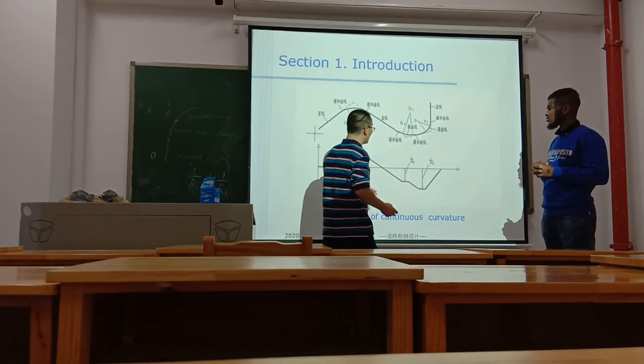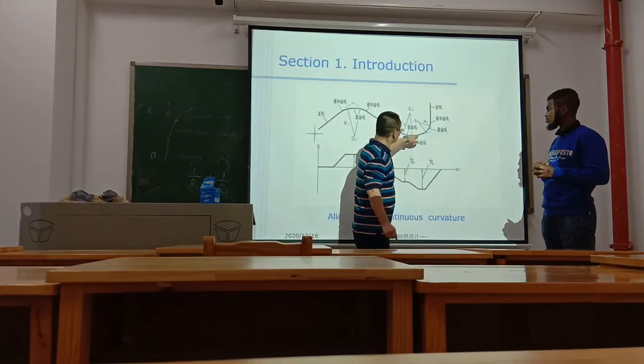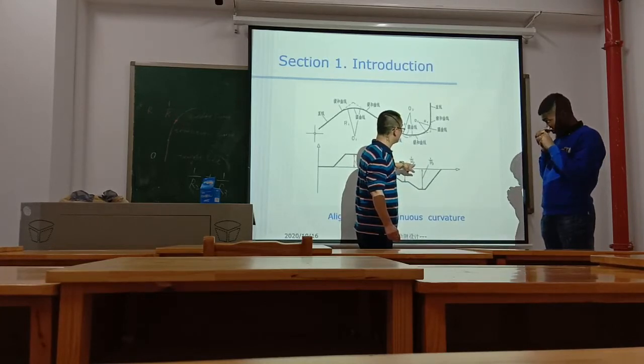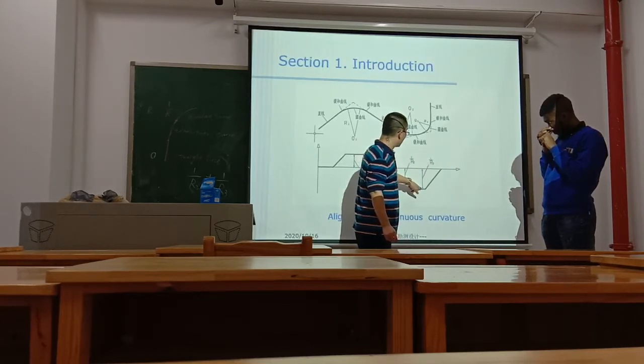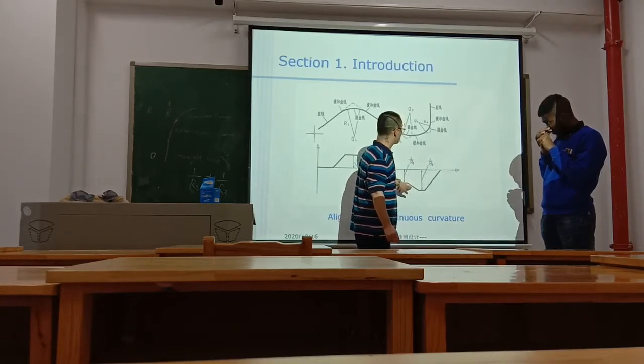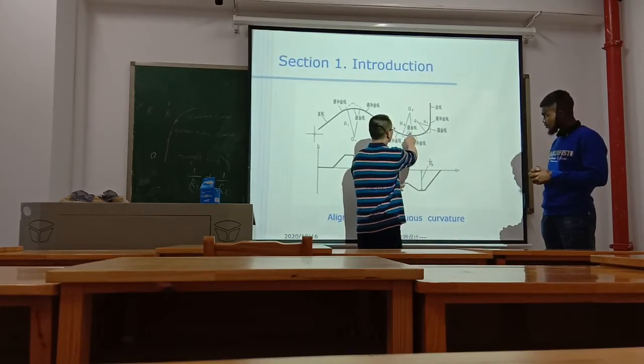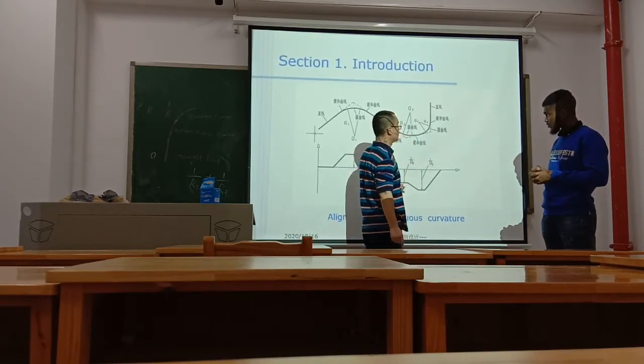The curvature of this transition curve changes from 1 divided by R2 to 1 divided by R3. This section is the transition curve. This is the R2 circular curve. This is the R3 circular curve.